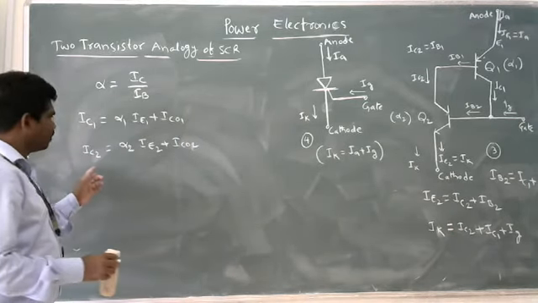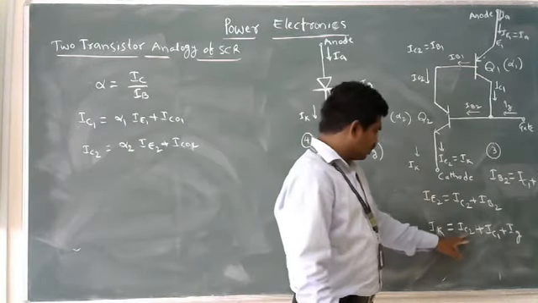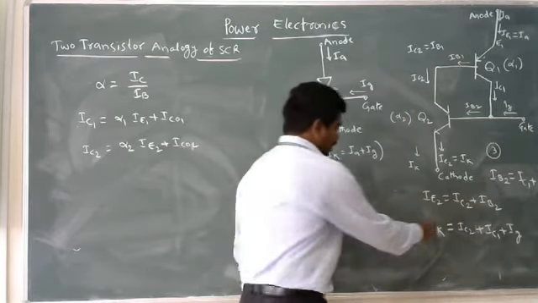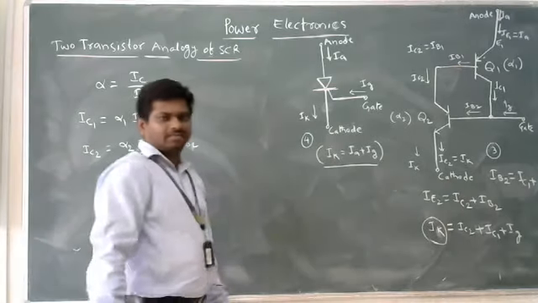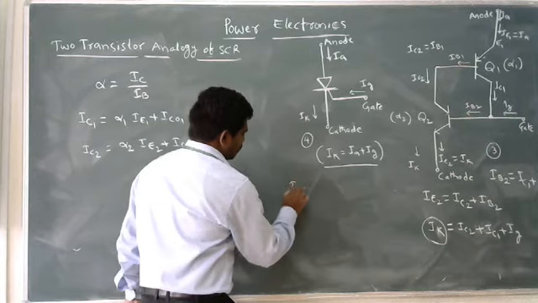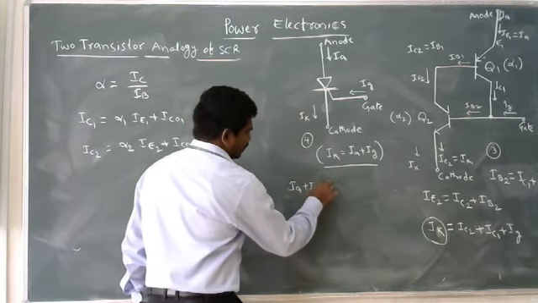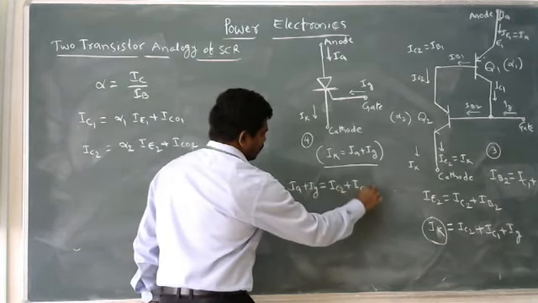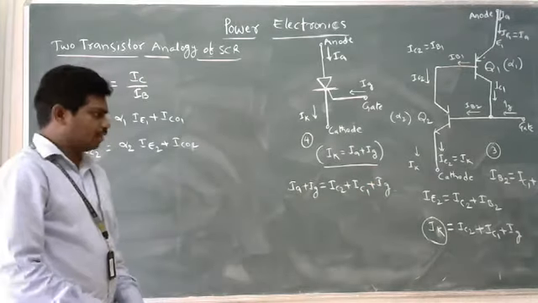Now look at this. IK is equal to IC2 plus IC1 plus IG. I know that IK is equal to IA plus IG, so I am replacing IK with IA plus IG. Then I am getting IA plus IG is equal to IC2 plus IC1 plus IG. Am I clear now?